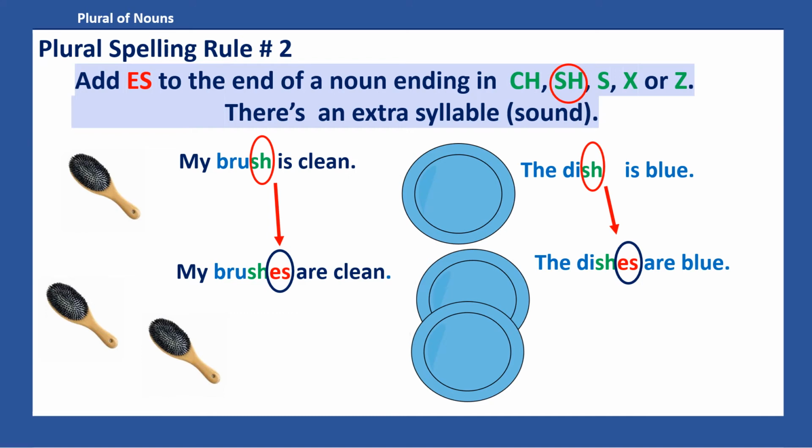Dish, dishes. Listen and repeat. My brush is clean. My brushes are clean. The dish is blue. The dishes are blue.